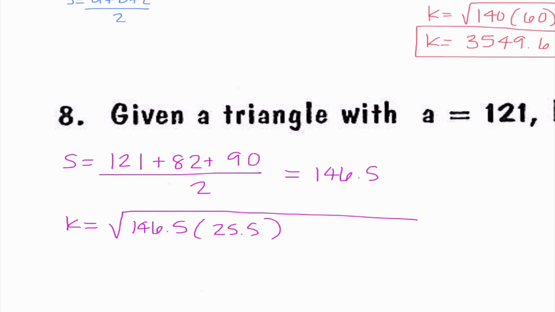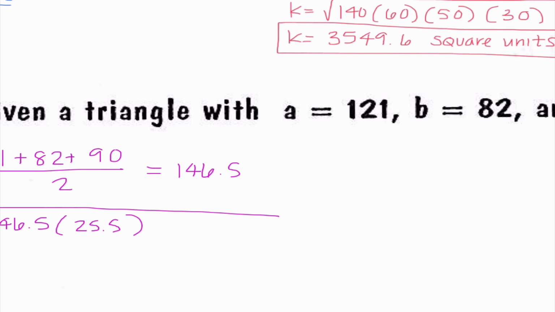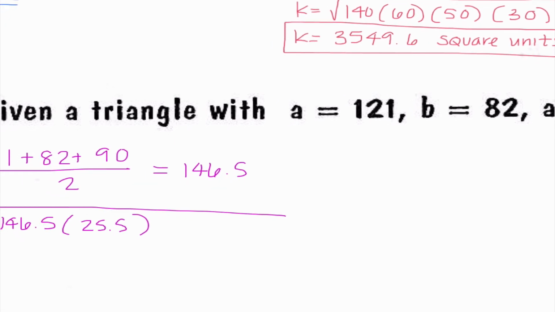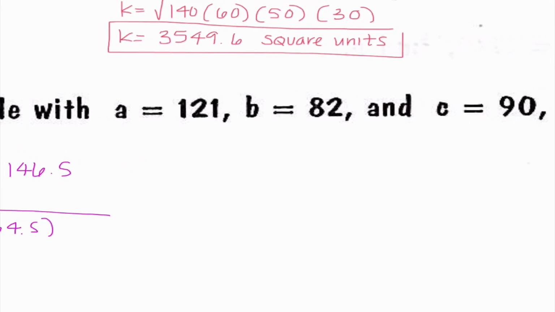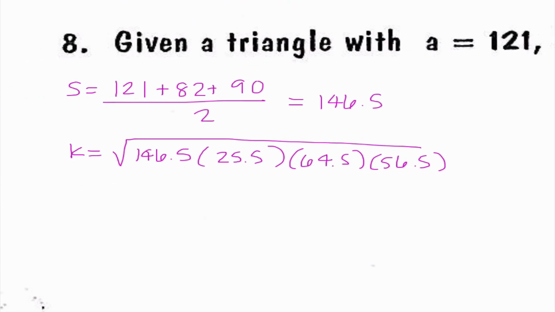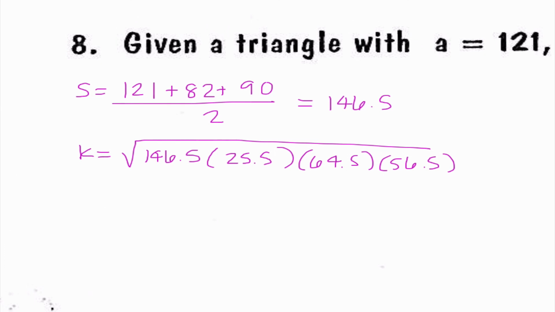I'm going to go ahead and put that straight into the formula like that. 146.5 minus 82, which is 64.5. And then lastly, 146.5 minus 90, which is 56.5.